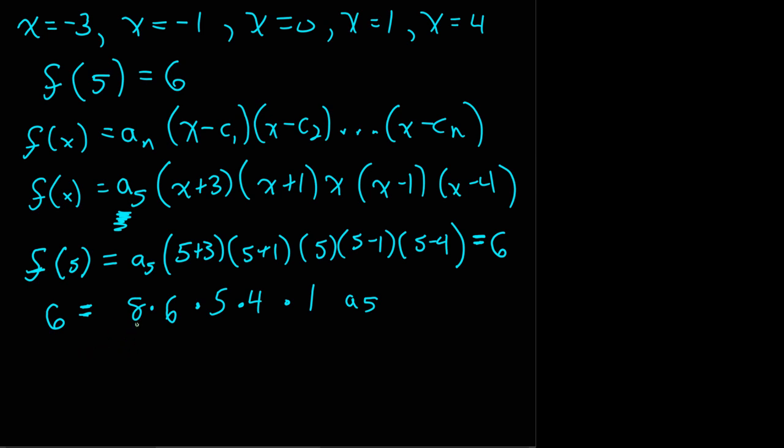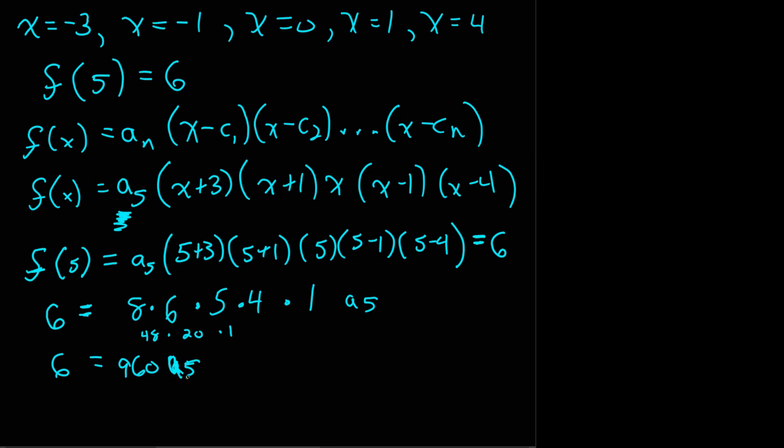So 8 times 6 is 48, and 5 times 4 is 20, times 1, and 20 times 48 is 960. Alright, calculator, verify, right? One of those moments where I just ran through everything without a calculator. I hate when I do that.